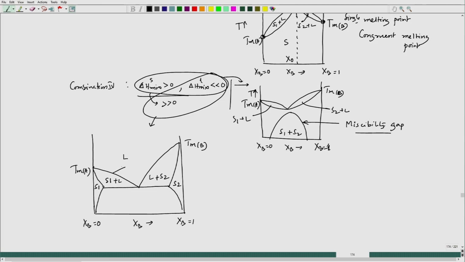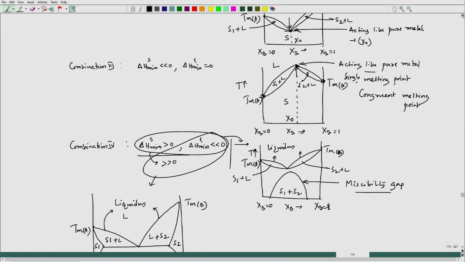These two, this one and this one, we can call liquidus. In fact, all those lines are liquidus lines. Why? Because this line indicates an equilibrium between solid and liquid. For the liquid composition, that line would be the liquidus line.